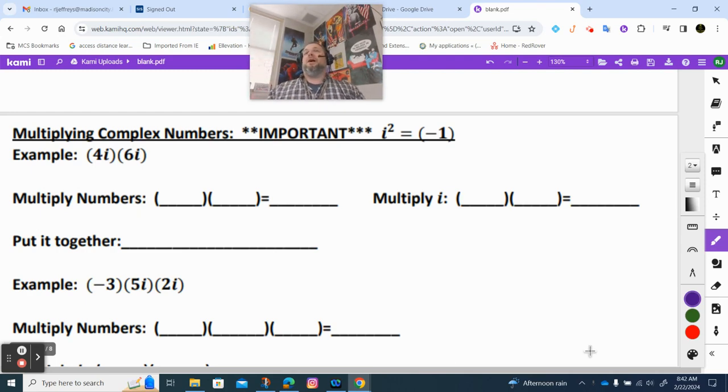All right, more imaginary numbers. Yay. Okay. Now, here's the big thing today. That i squared, or i to the second power, is -1.